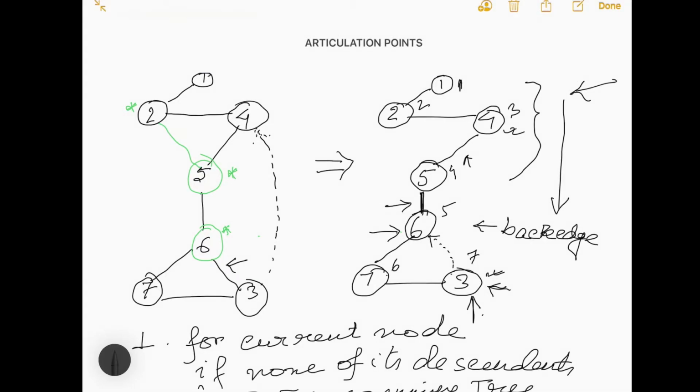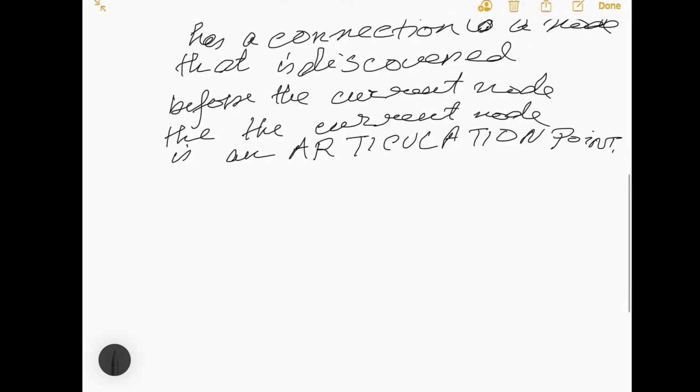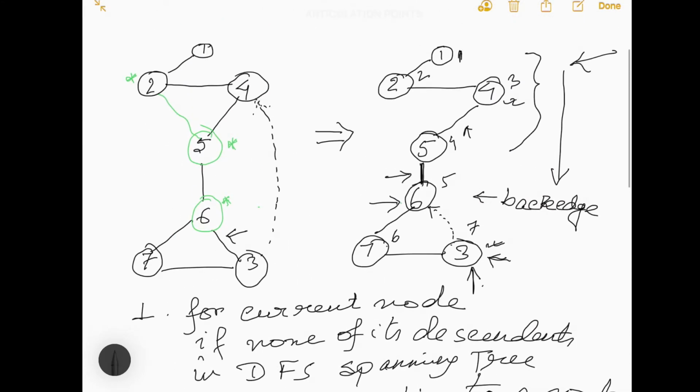And when I say the earliest discovered node reachable, by reachable I mean that it is reachable through one of its descendants and using one back edge. And by forward I mean the descendants in the DFS spanning tree path.